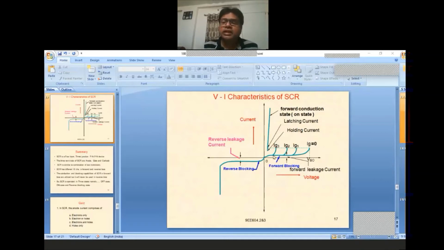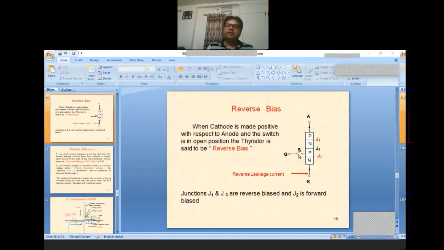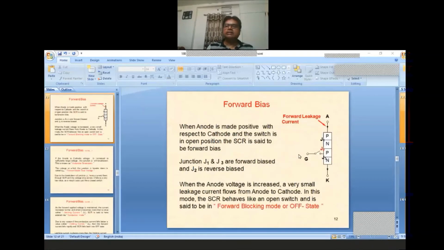But it is not that easy to turn on SCR as you like just by increasing the gate currents as you wish. There are certain limitations for the gate currents to flow, as the gate region is heavily doped.